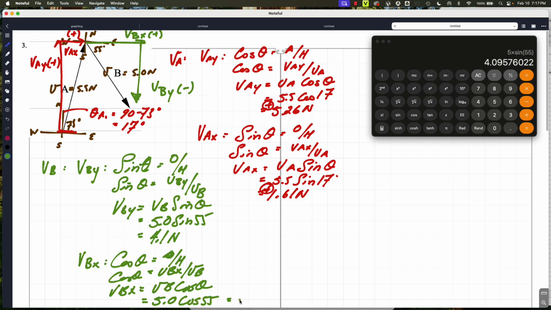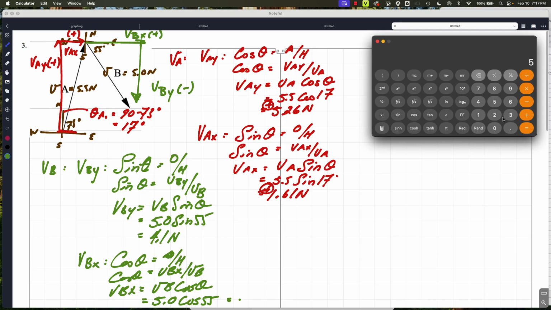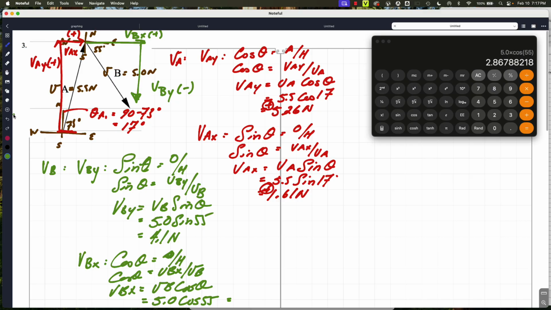Running out of space, so we'll just do it to the right. 5.0 times 55 cos. That makes approximately 2.87 newtons. We'll go one extra decimal place so that we can round later. VBY went down, so that gets a negative sign. And VBX went to the right, which will give it a positive sign.